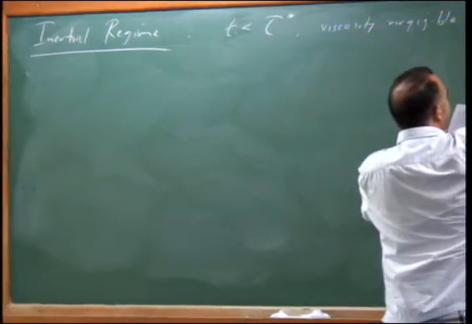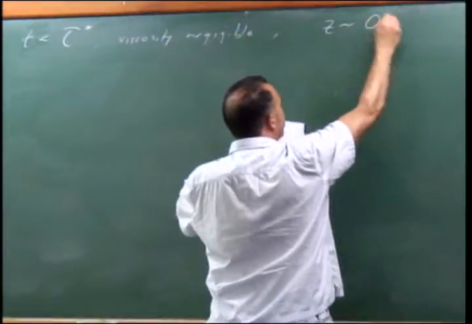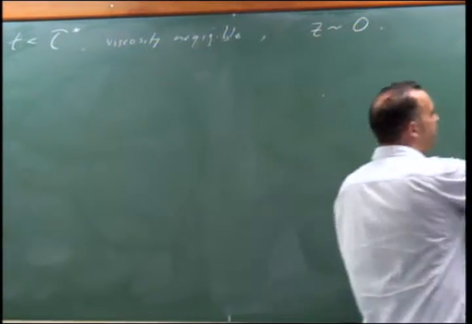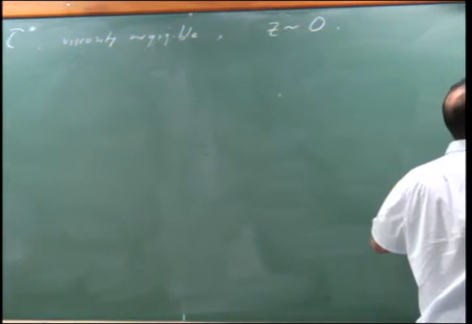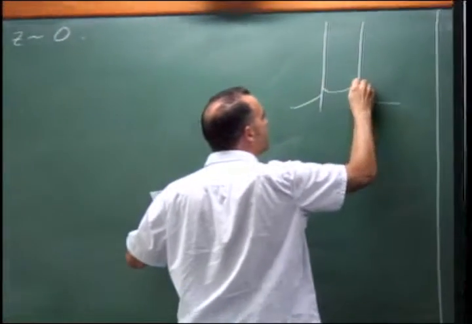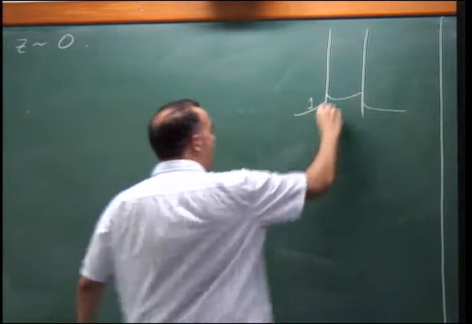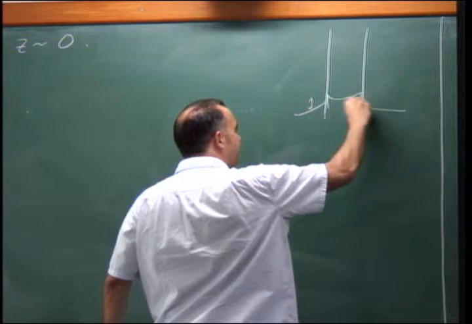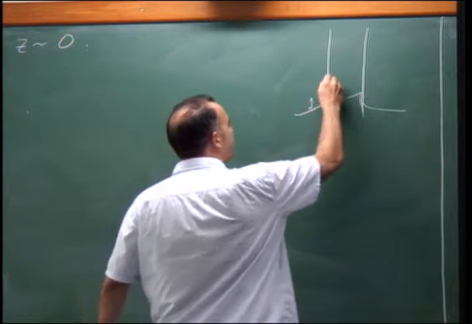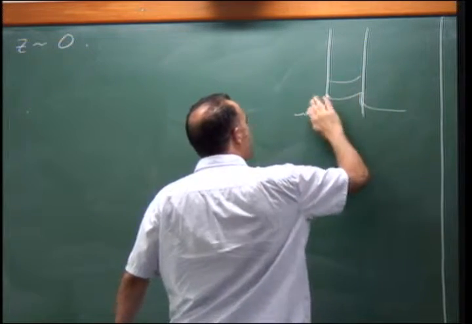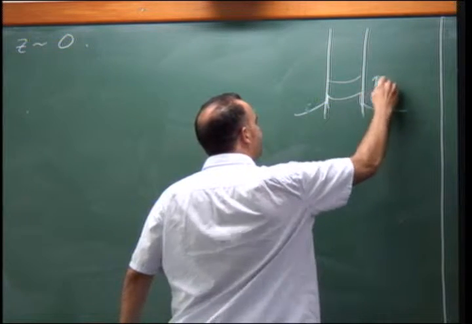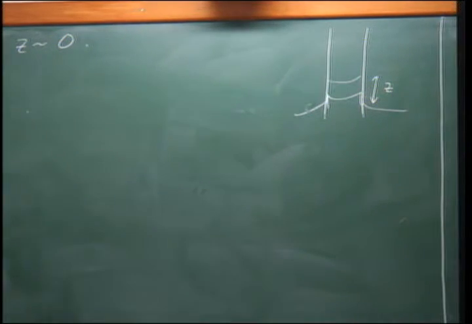We know that z is around 0, so we're basically looking at the motion when it first starts. The thing is basically moving like a slug. You just have a thin boundary layer on the sides.